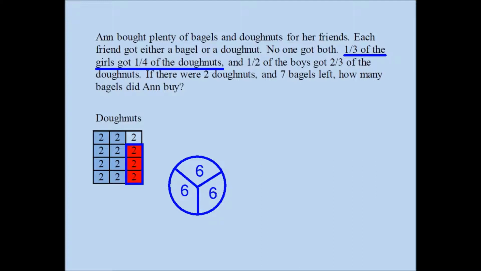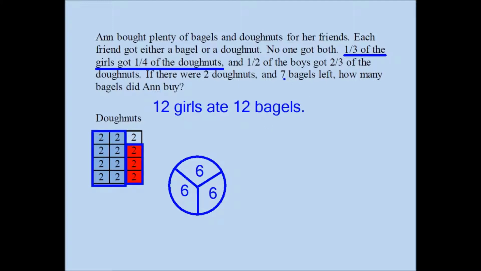So if one third of the girls ate doughnuts, then two-thirds of the girls, or 12 girls, ate bagels. So I'm going to write here 12 girls ate 12 bagels.